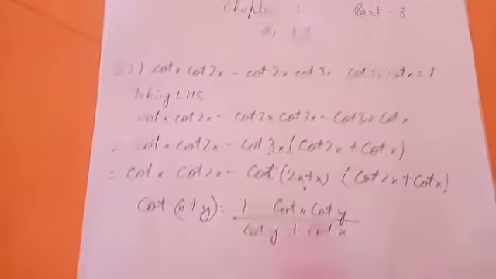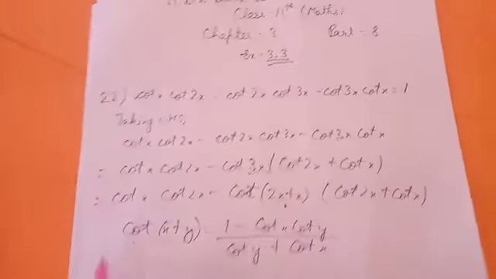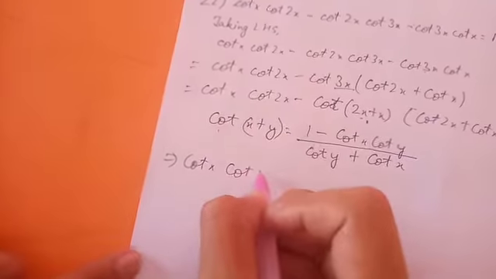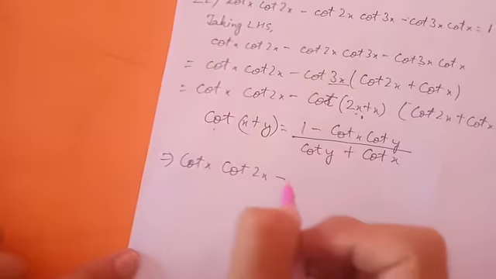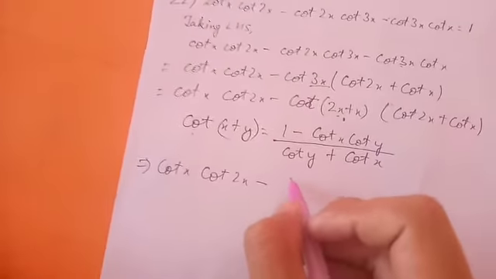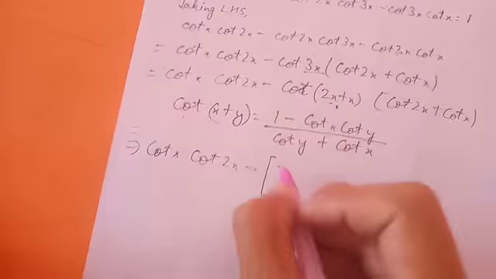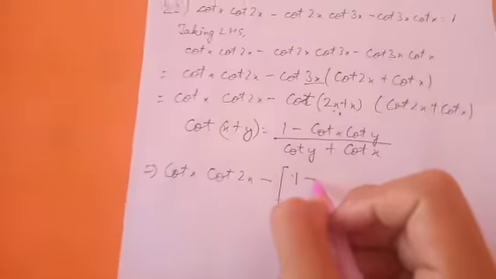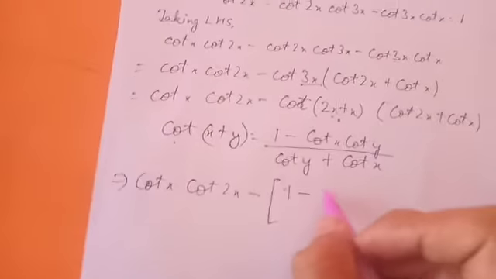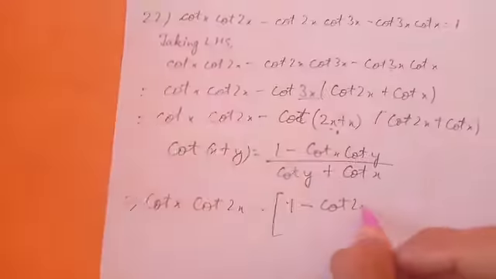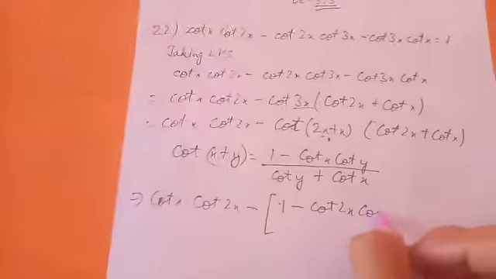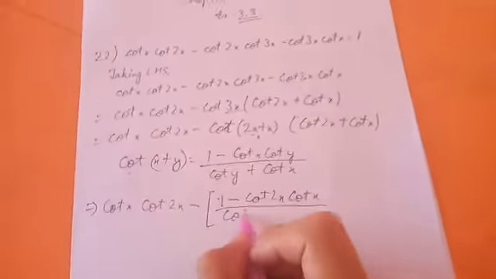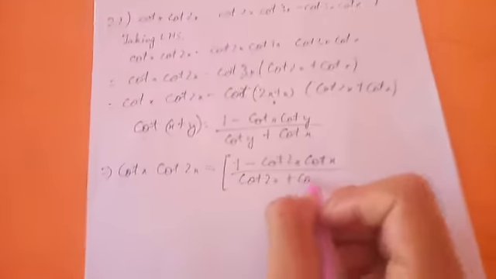Okay, so we use this formula here. So what we get is cot x into cot 2x as it is minus 1 minus cot 2x into cot x divided by cot 2x plus cot x.